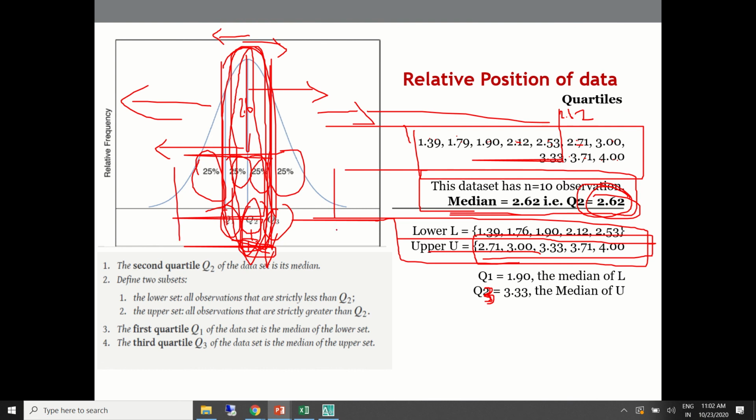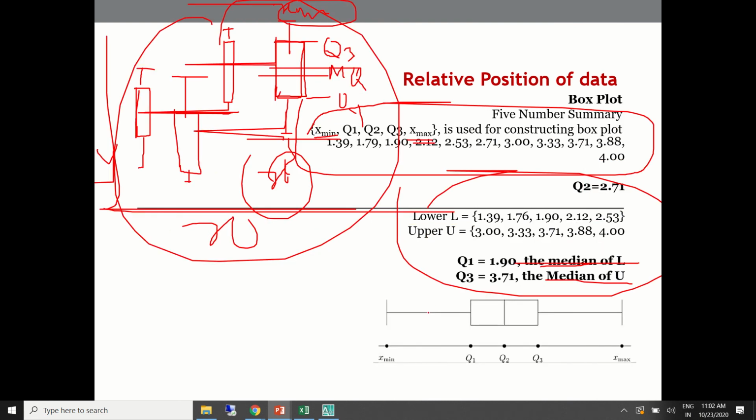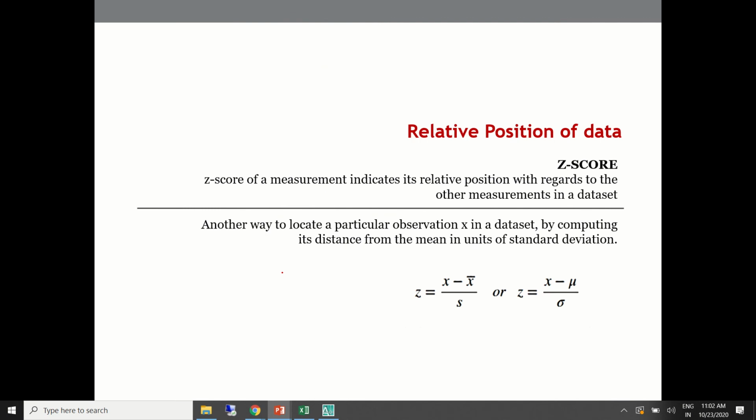We also plot the maximum and minimum of the same data set. This again is one way of putting the data set for easy interpretation and analysis.